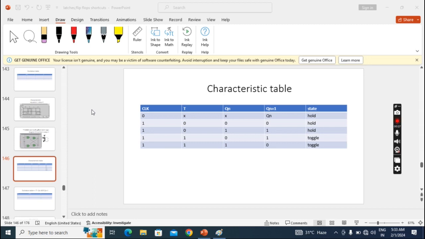Then only the particular count will happen. So particularly for those counters, we need T flip flop or JK flip flop, but we mostly use T, because in JK, along with toggle and hold, set and reset are there. That set and reset we don't need in the counters. There are some other applications of this T flip flop also.